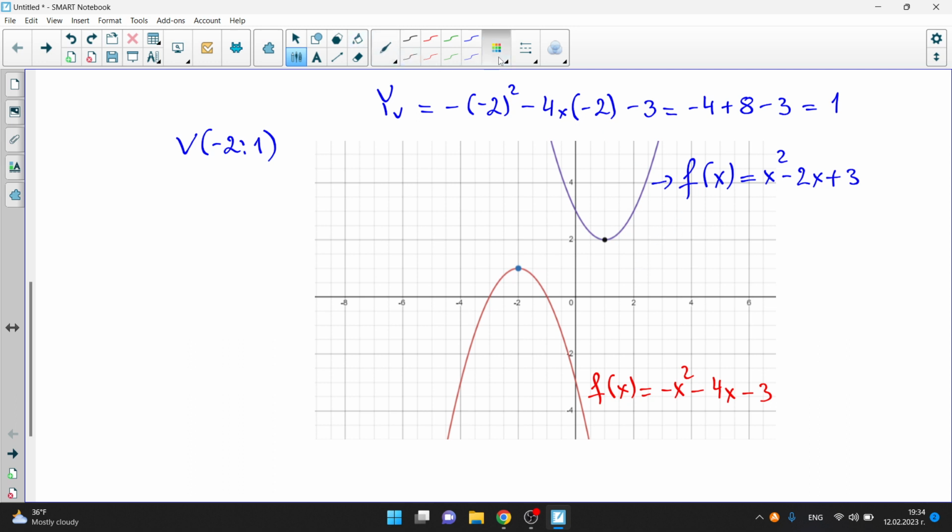Okay, in the first case we can see that a equals 1 and a is a positive number. This means that our parabola is a positive quadratic, and this means that the parabola opens up.